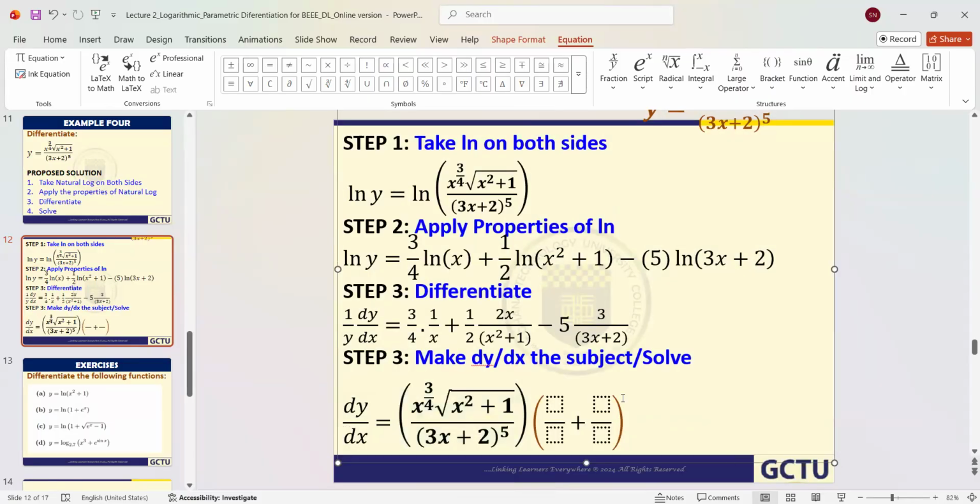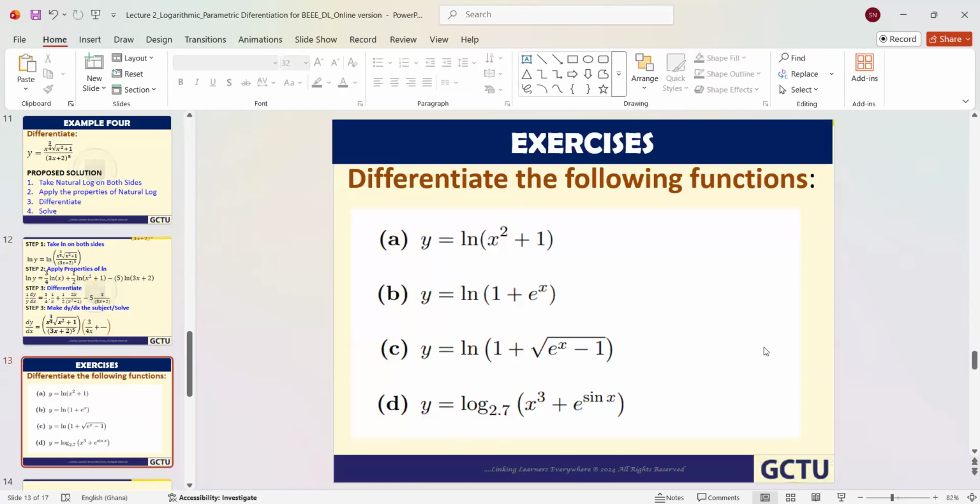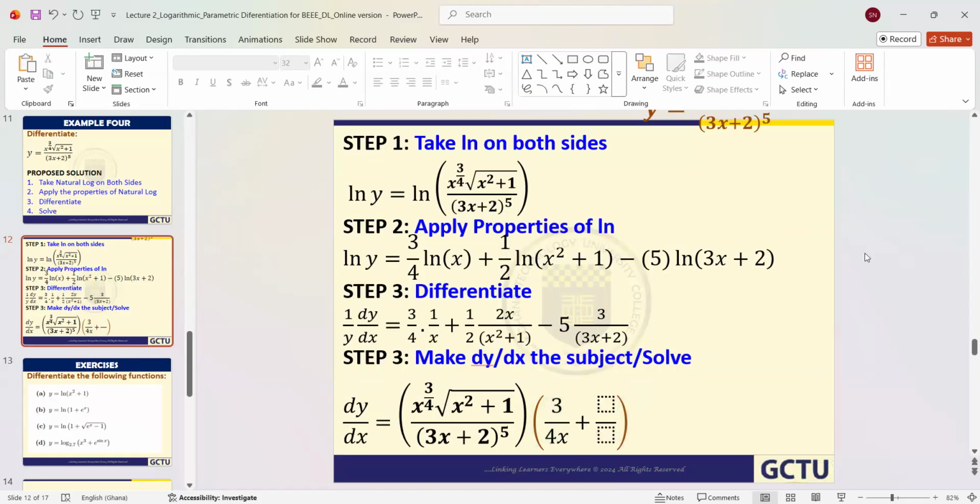So that is for y. And then all that we have here, we are simplifying the whole of this. The first one is going to give me 3 divided by 4x, plus the term on the right. This term is going to give us 2x in the numerator, or if you take your time, you see that the 2 will cancel the 2 in the denominator.